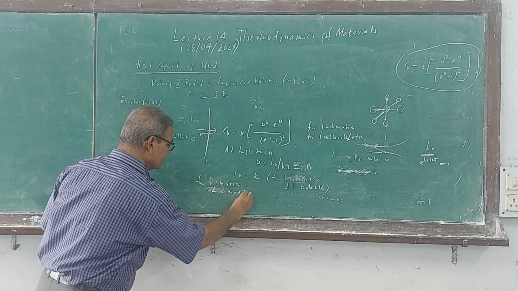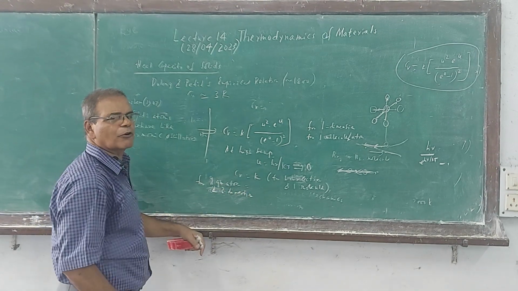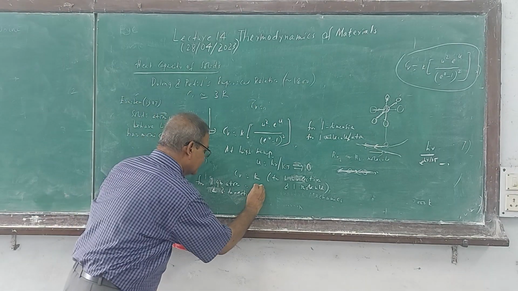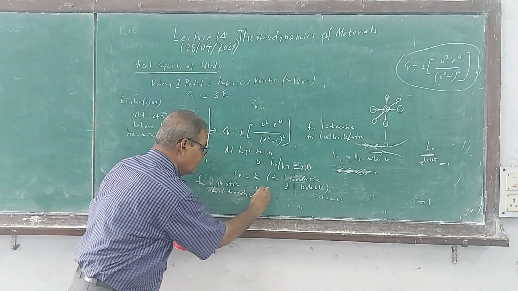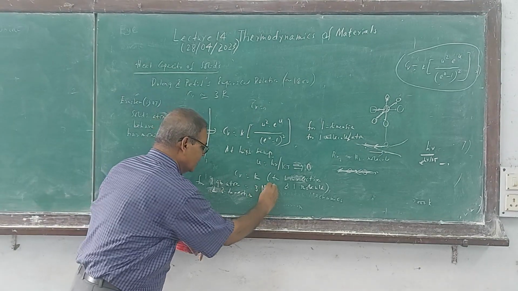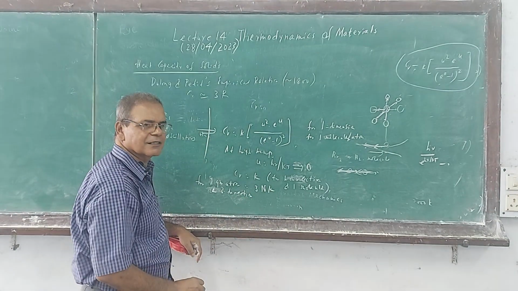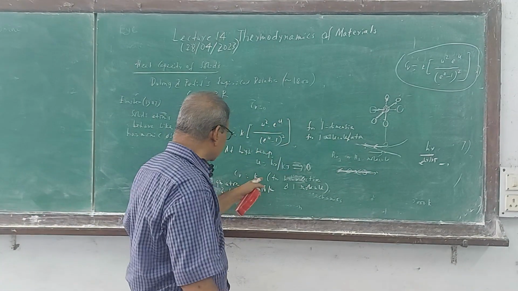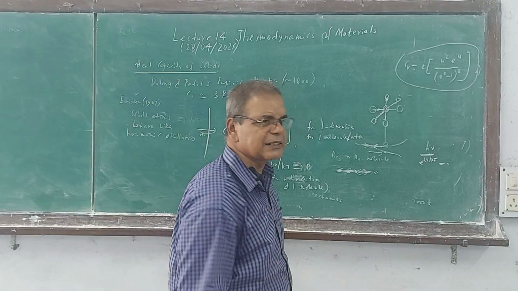What is the answer? 1 gram atom contains how many atoms? Avogadro's number. So it is 3 directions, 3 times first of all, and n times next. Easy.